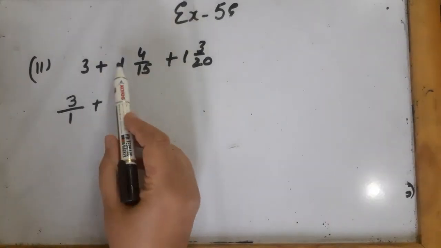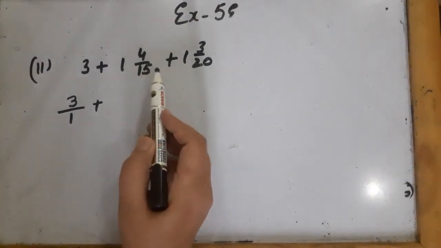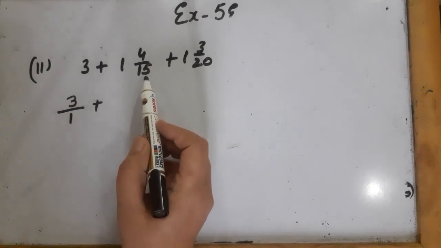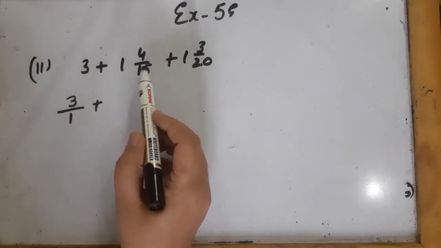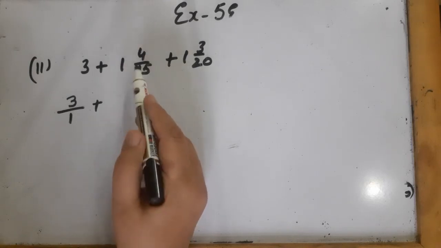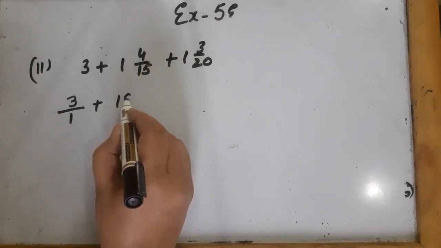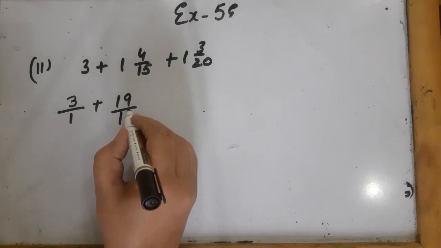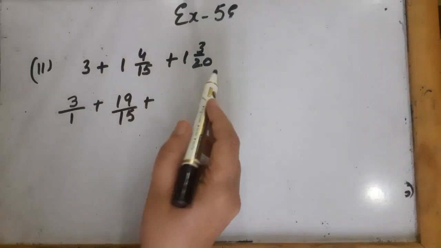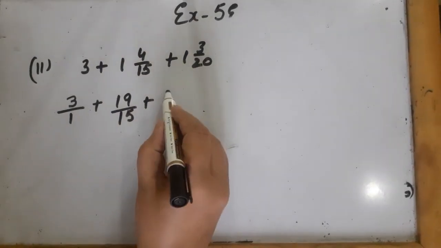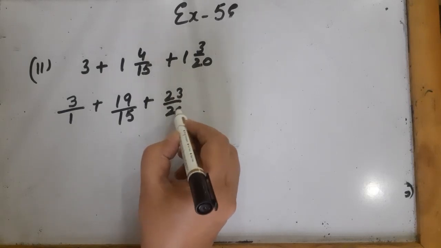Now this is an improper fraction, and this is a mixed fraction, so convert this into an improper fraction. 15 ones are 15 and plus 4 is 19 upon 15, plus 20 ones are 20 and 3 is 23 upon 20.